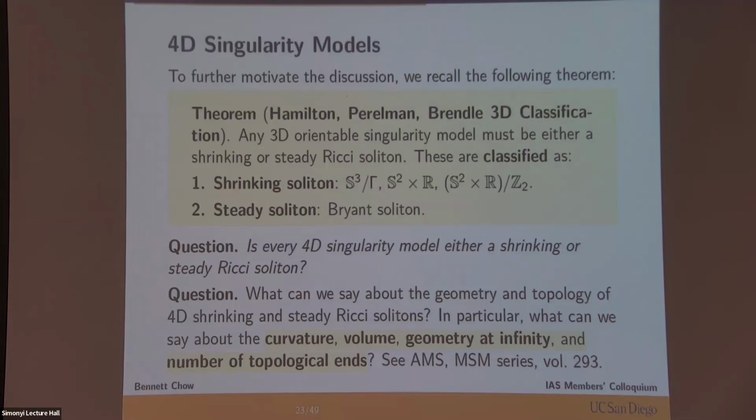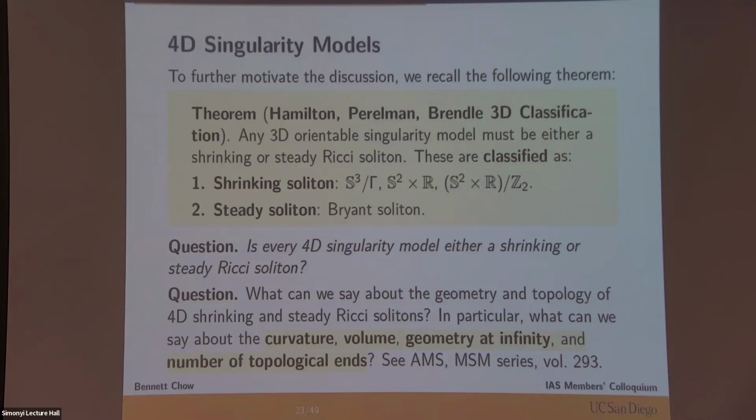So in particular, if it's a shrinking Ricci soliton, then it must be either a spherical space form or a cylinder or its Z_2 quotient. Okay, so Z_2 is just acting by the antipodal map on S^2 and a reflection on R, so it's orientation preserving. And then the other possibility is a steady soliton. In this case, it must be a Bryant soliton.